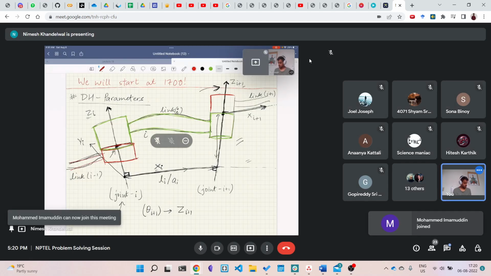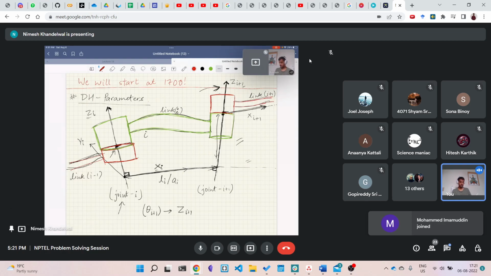Okay, so now since I have these three links, I've given them names. This is my link i minus 1, this is my link i, and this is my link i plus 1. Now is where my convention starts.